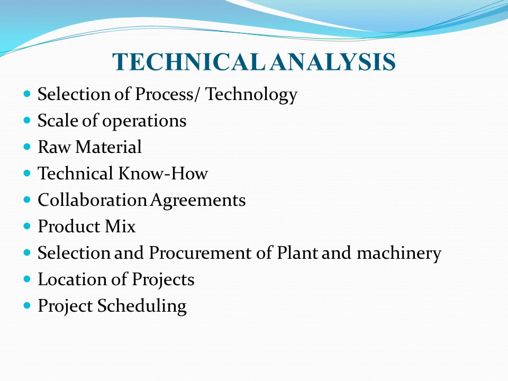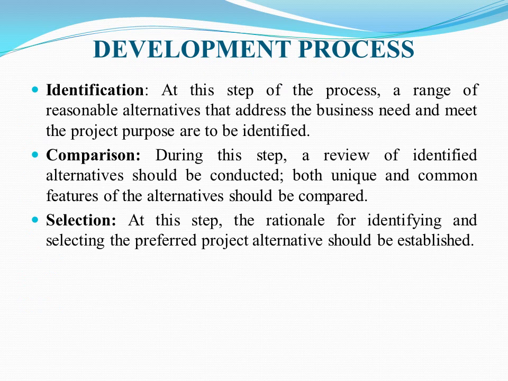First, we select process or technology, then scale of operation, then raw material, then technical know-how, thereafter collaborating agreements, then product mix, selection and procurement of plant and machinery, then location of projects, at last project scheduling.